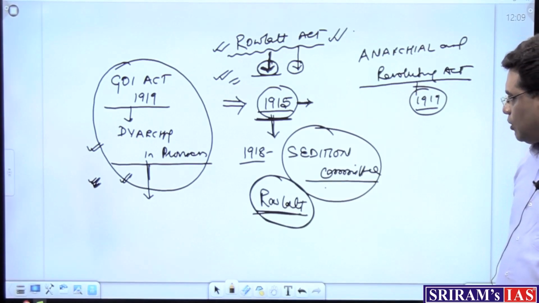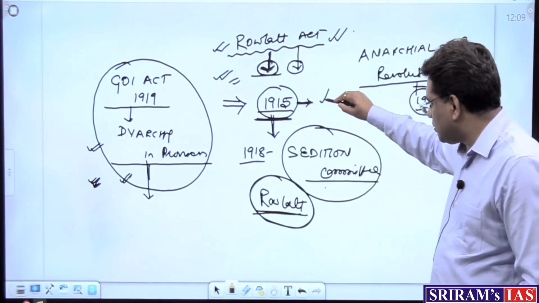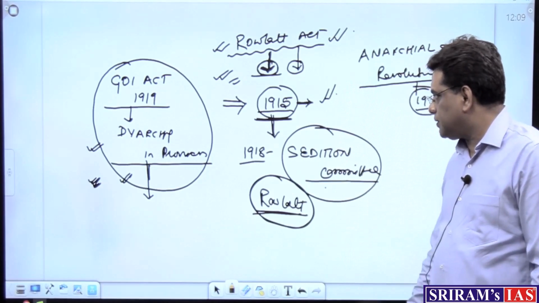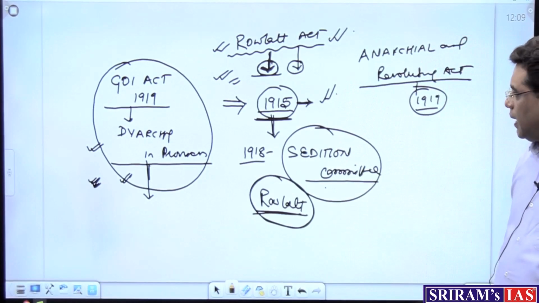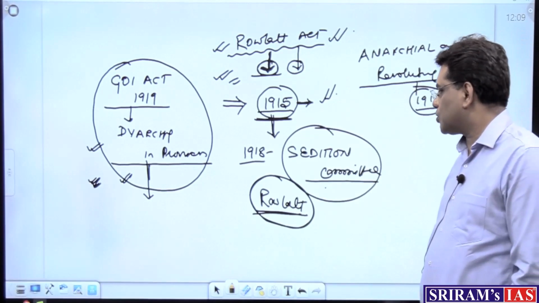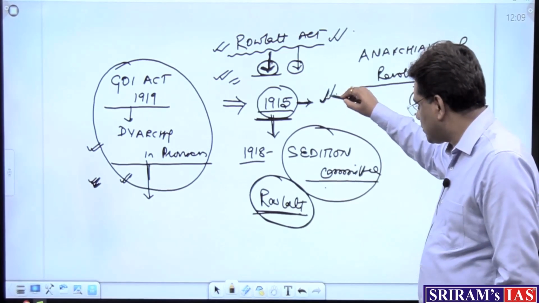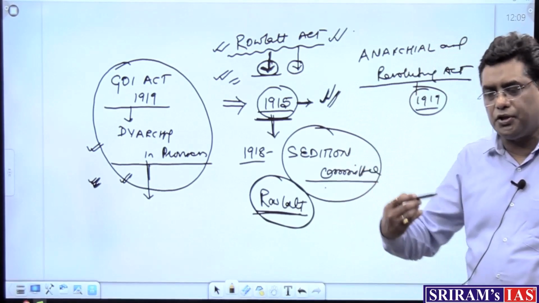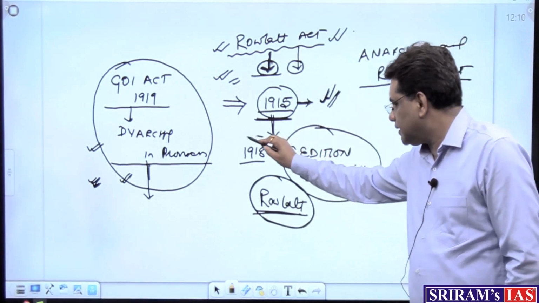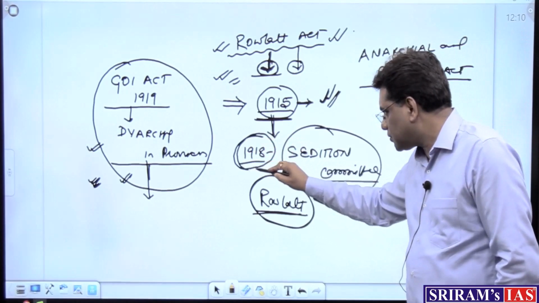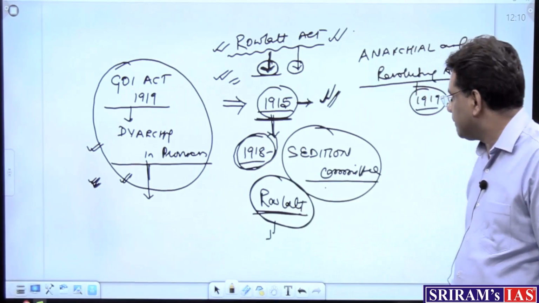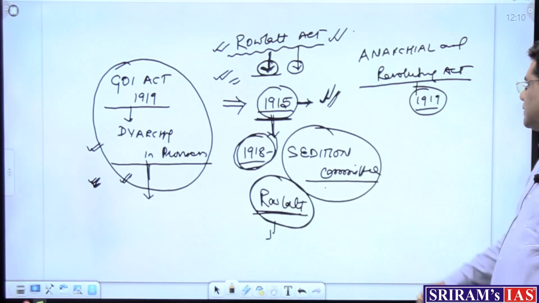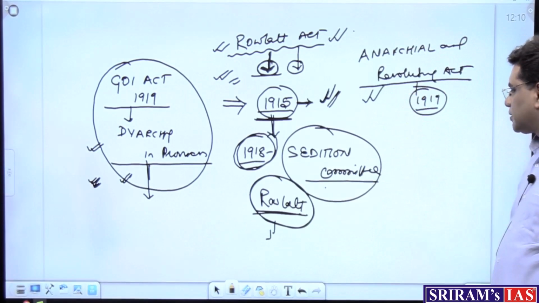The emergency provision of 1915 was passed as per the Defence of India Act, in which all the powers of the Indians were curtailed. Thereafter, it was continued, and then in 1918, the Sedition Committee was constituted under Rowlatt. And this is also known as the Anarchical and Revolutionary Crimes Act of 1919.